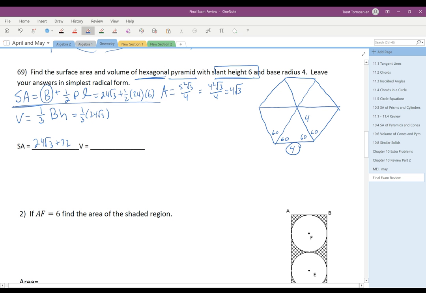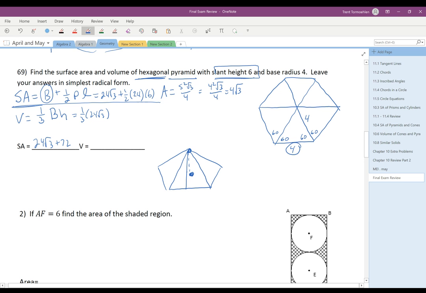To finish the problem, we need to know the altitude, but we're not given the altitude. We're given the slant height. If we think about this pyramid, it would look something like this. The altitude goes from the vertex point of the pyramid down to the center of the base. The slant height, which we have as 6, goes from the vertex of the pyramid to the midpoint of one of the sides.